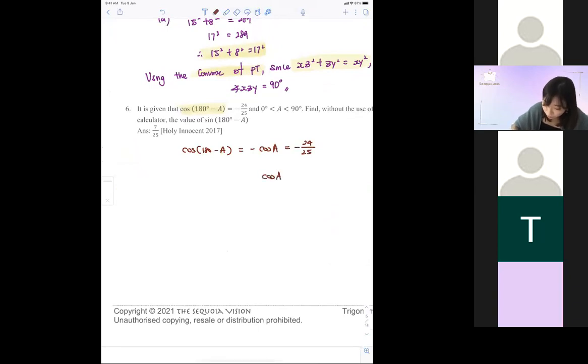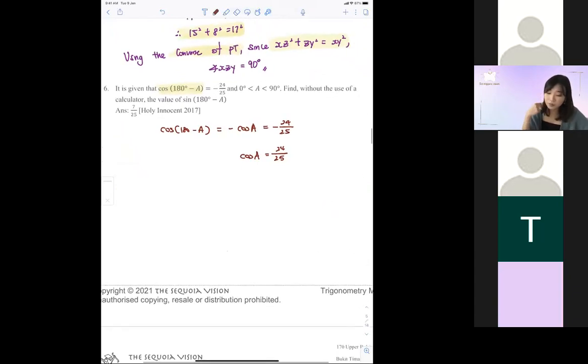So cosine A, taking out the negative from both, is just 24 over 25. Now they ask you to find sine A. So sine of 180 minus A, if it's sine, you don't have to put the negative, it's just sine A.